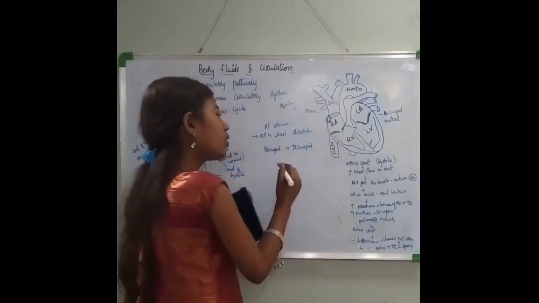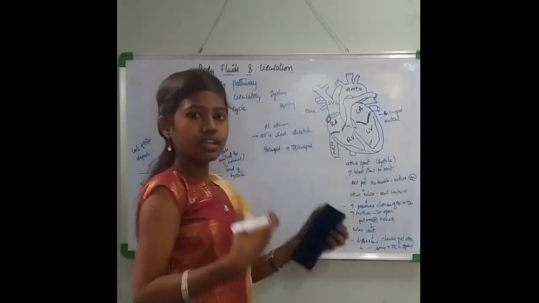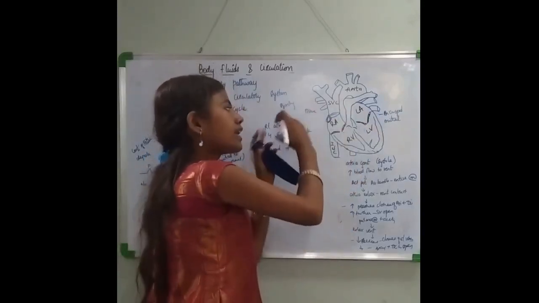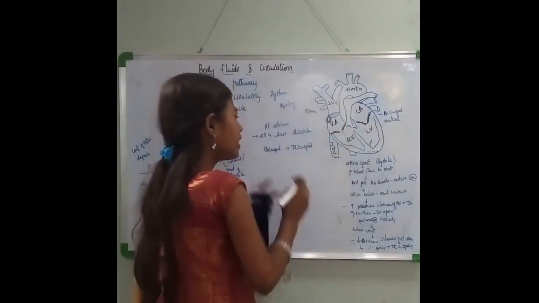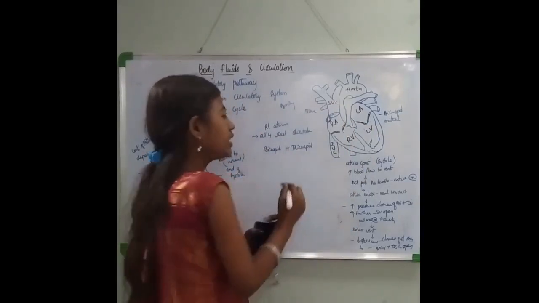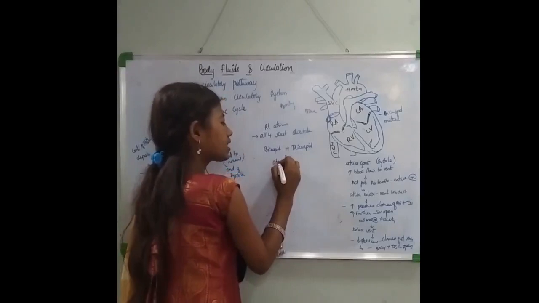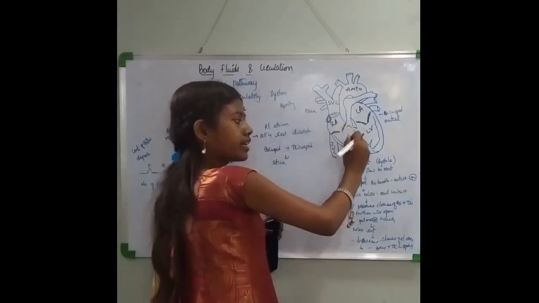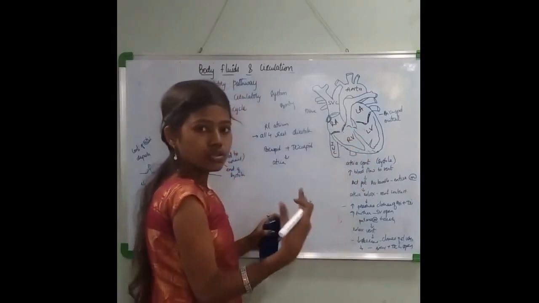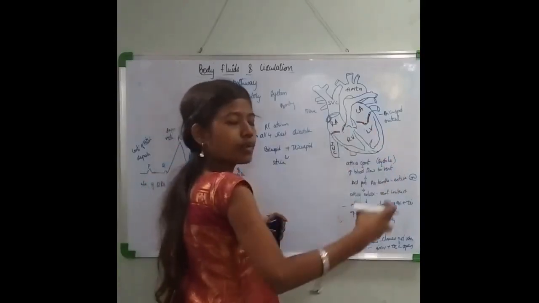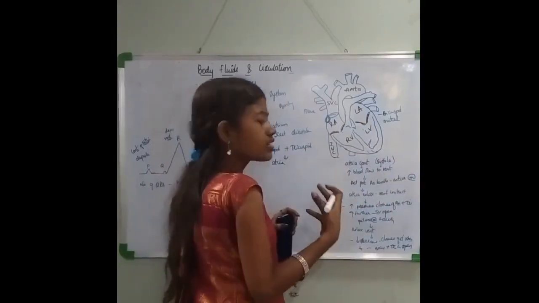As I have told you, at the beginning of the cardiac cycle all four chambers are at rest, and the blood is getting filled into the right atrium. As these valves open, the atria will start contracting. Once the blood gets filled, both atria contract. This process is referred to as atrial systole.